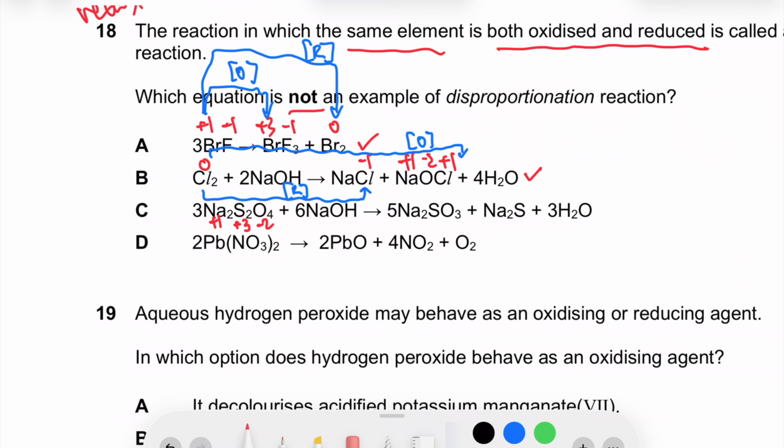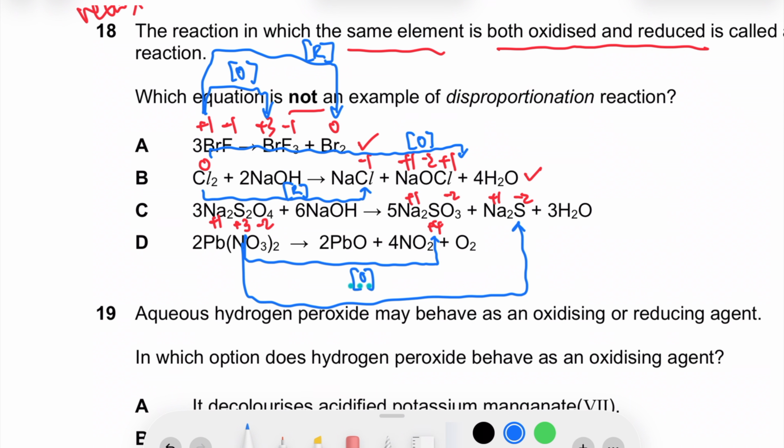Then here this +1, this is -2, so sulfur will be +4, and then this +1, so this -2. From +3 to +4 is oxidized, and then from +3 to +2 is reduced.